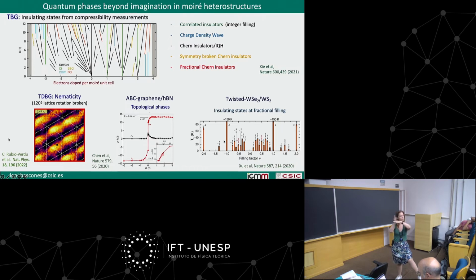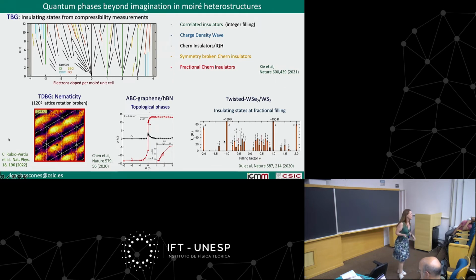So this should have symmetry, it's 120 degrees. Then you can see here in this tri-layer graphene HBN, they have observed topological phases, for example, what is observed here in the transversal conductivity, or here, for example, is an example of insulators at fractional fillings.